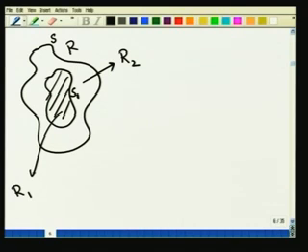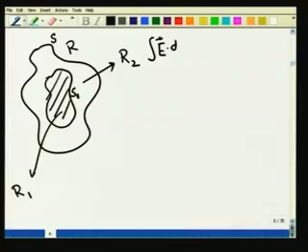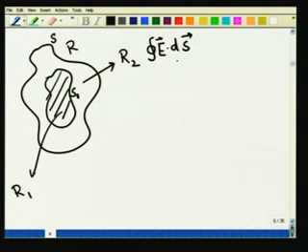Now I will rewrite the Gauss divergence theorem for these volumes and corresponding surfaces, and we will find an interesting result. Let us write down the integral of E dot dS over the closed surface, the outer surface.